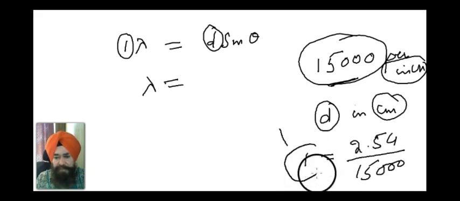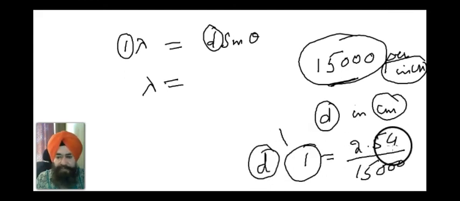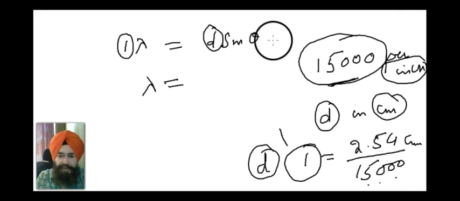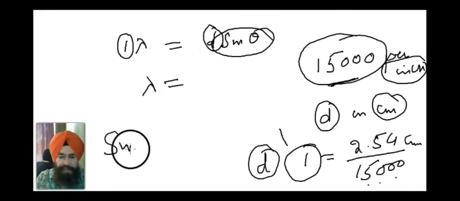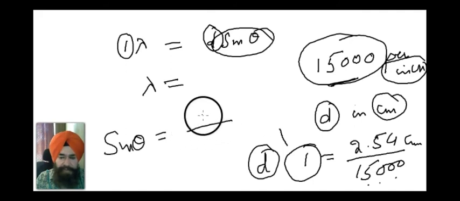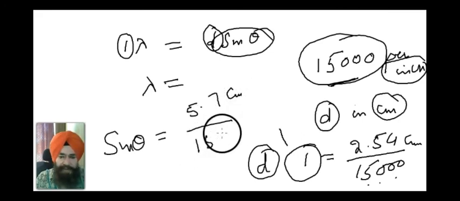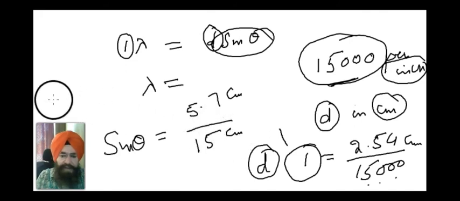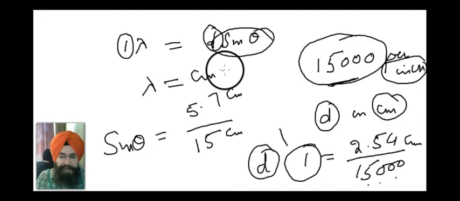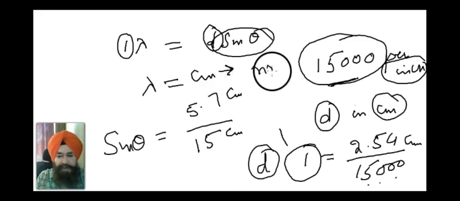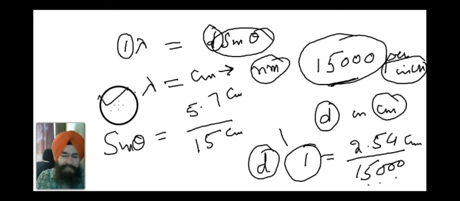That becomes the grating element, small d. Then using sine theta, which is perpendicular over hypotenuse, perpendicular was 5.7 centimeter and capital D was 15 centimeter. Then your lambda will come in centimeter. Convert it into nanometer, and write me that value in the comments box.